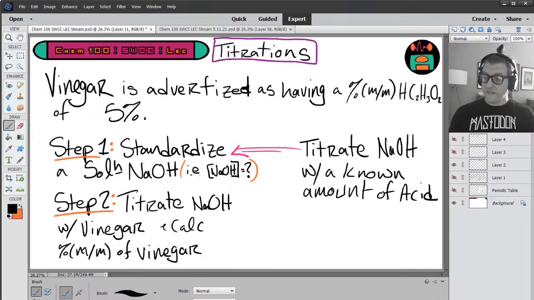Now, this might start feeling a little circular to you. You might be looking at this going like, wait a minute. Let me get this straight here, Josh. We have an unknown concentration of acid, so we need a solution of base. But to determine the concentration of that solution of base, we need to react it with a different acid? The answer is yes. You're like, isn't that circular? No, because this acid right here is not acetic acid. It's a different acid, and that acid's name is potassium hydrogen phthalate, or KHP.